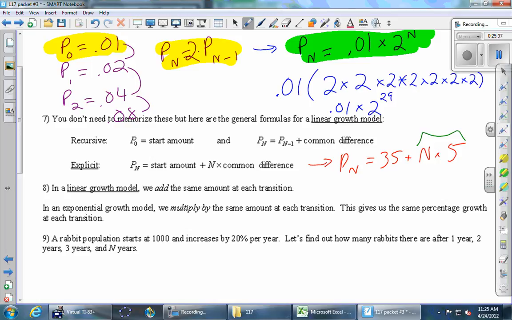But what is the same is what you get when you divide. What do you get when you divide the second number by the first number? You get 2. Let's divide in the other order. Bottom number divided by the top number. How about 0.08 divided by 0.04? 2. How about whatever you had on the 30th day divided by the 29th day? It's 2. So instead of talking about a common difference, we're going to talk about common, what's the word for dividing two numbers?